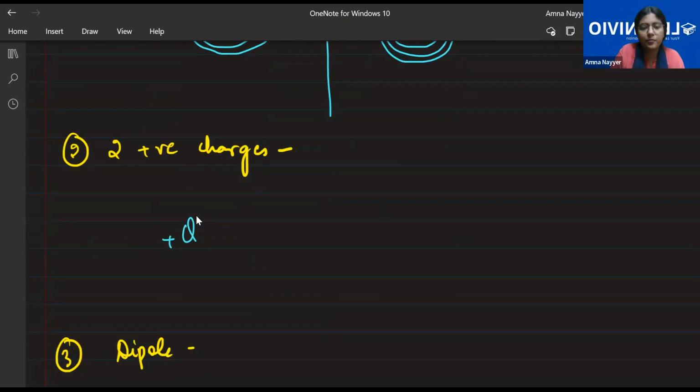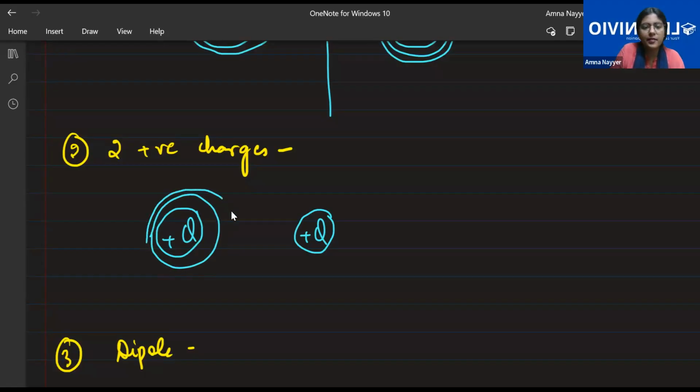This is plus Q, and this is plus Q. Look, here the lines will have a closer spacing, here a larger gap like this. Here again a closer spacing and a larger gap, and here again a closer spacing and a larger gap.